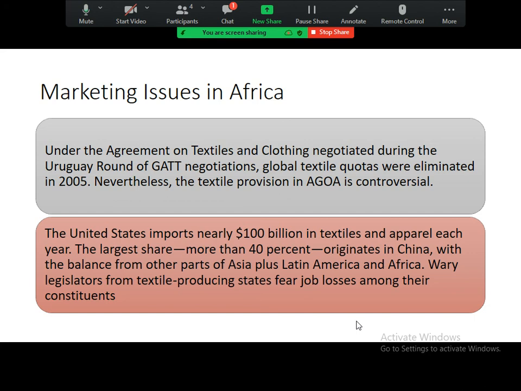Dubai also funded construction of a container terminal that opened recently in Djibouti, the world's largest terminal of its kind in sub-Saharan Africa. It will be managed by DP World, a subsidiary of Dubai World.